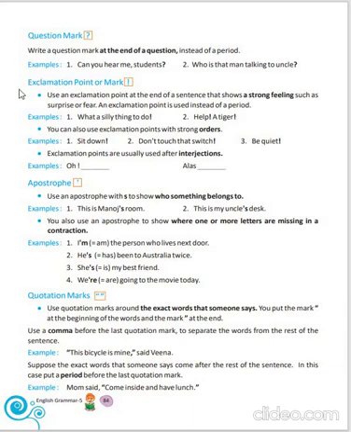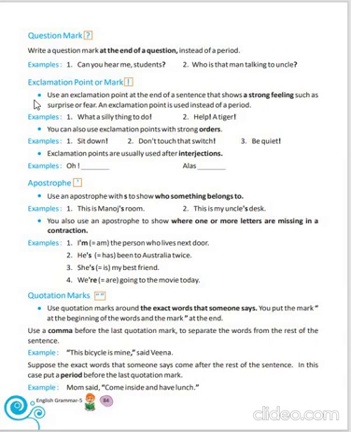Now let's learn where we have to use exclamation mark or point. So exclamation mark is used to show a strong feeling of surprise or fear, like: What a silly thing to do!